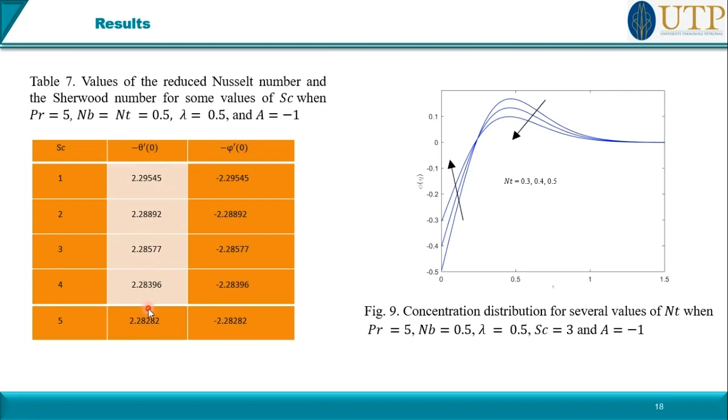This is because a higher Schmidt number will increase the momentum diffusivity, which resulted in the widening of the thermal boundary layer thickness and an increase in temperature. So that's our result.